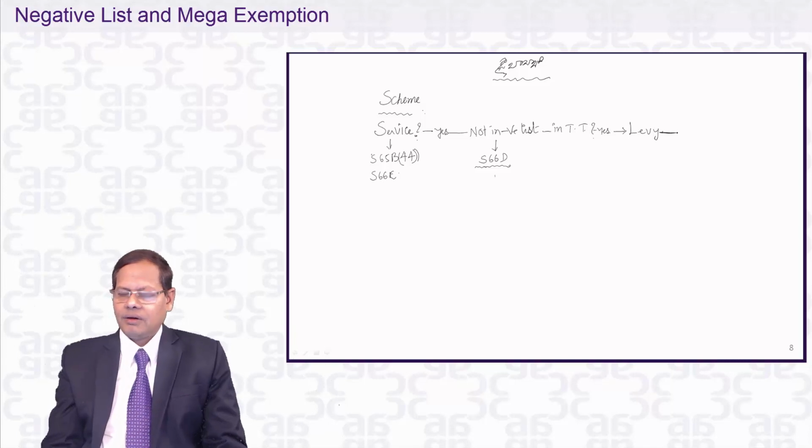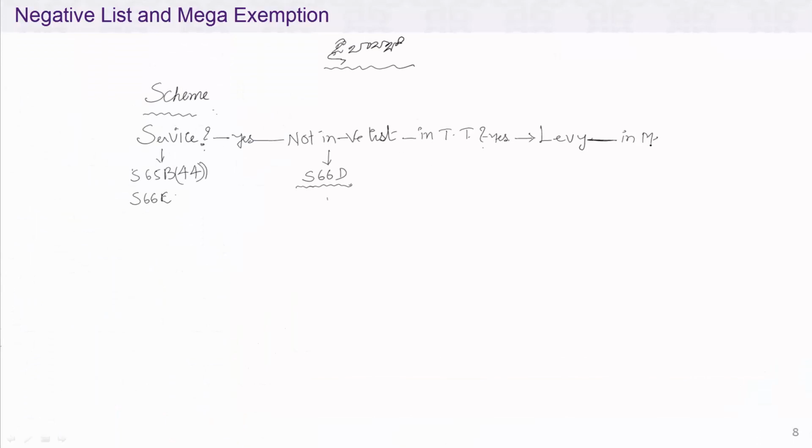Then you have to check up whether in mega exemption. Suppose here also it is no, it is not in the mega exemption list, so it is chargeable and also tax payable.